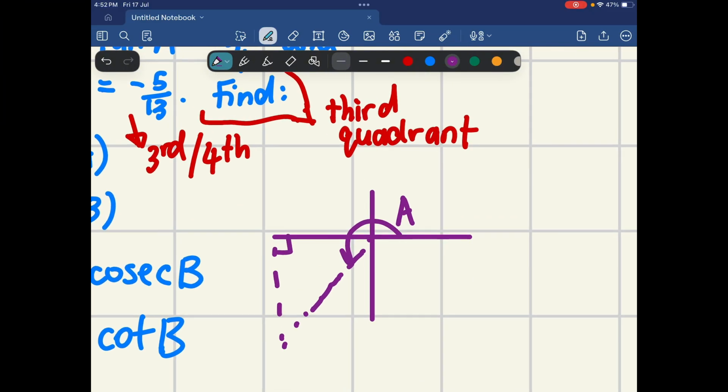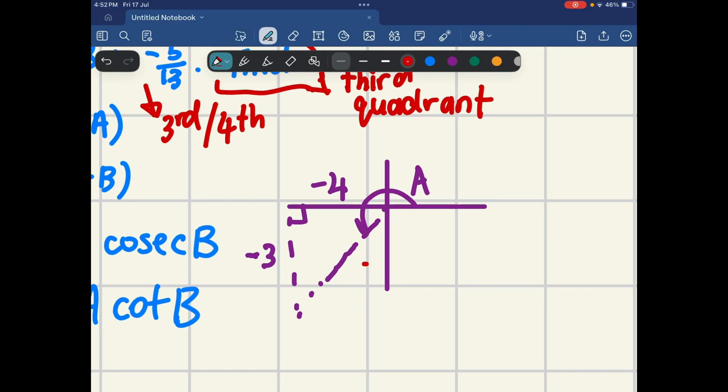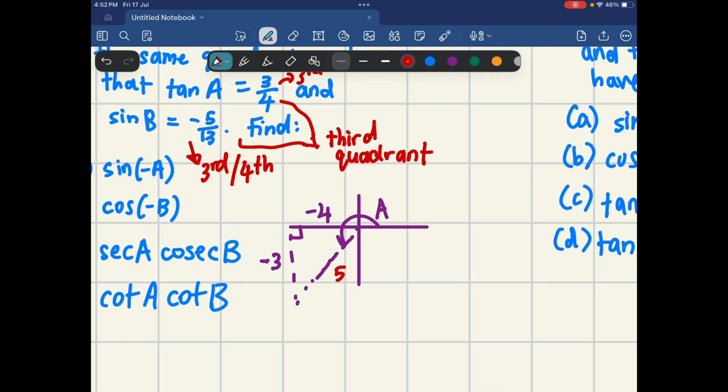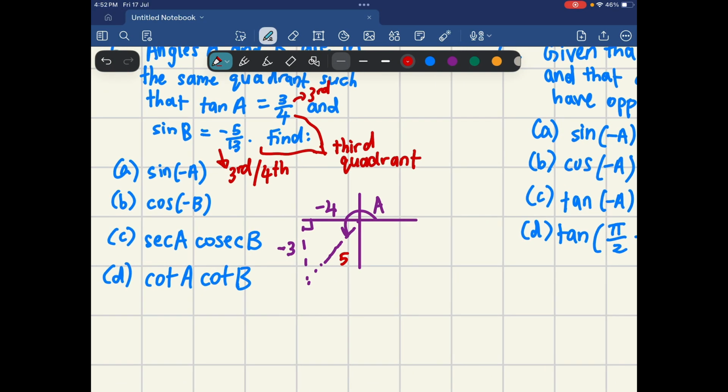So tangent is opposite over adjacent. So this is 3, this is 4. But since they're in the third quadrant and both are in the negative zone, it's actually minus 3 and minus 4, because they're in the negative x-axis and the negative y-axis. Now our hypotenuse is just 5 because of our 3, 4, 5 or our Pythagoras theorem. Then let's do the same thing for B.